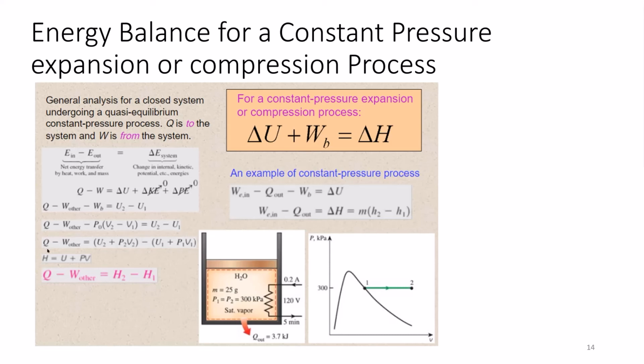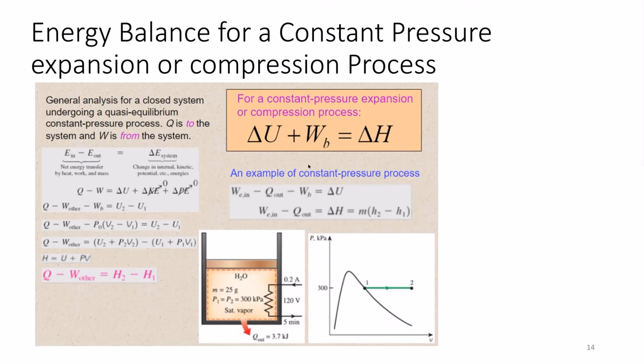So once we have this constant pressure, we can write an equation like this. It's just saying essentially, this is the difference between the heat minus whatever other work is being done, and then the internal energy is just state 2 minus 1, and then this is just the pressure differences.